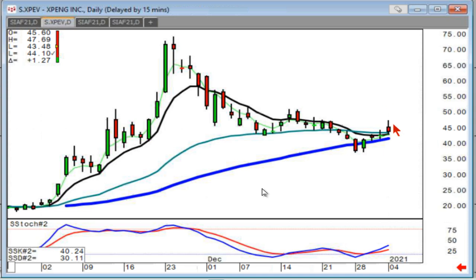But looking at these not only as trades, but as longer term holds, if you're planning to hold on to them, you want to see what the thinking is out there.